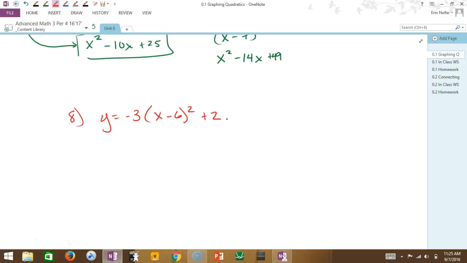Okay, so can I do the quick version and just go straight to my FOILed version? We just did that. So what does x minus 6 squared become? x squared minus 12x plus 36. And notice that I kept that in parentheses, because what is my next step?